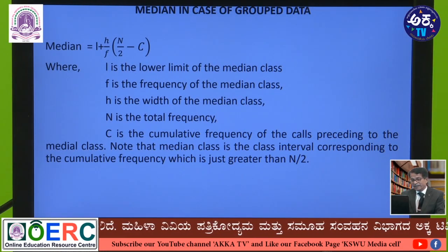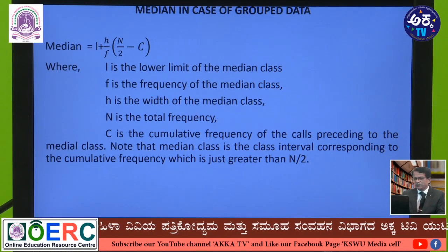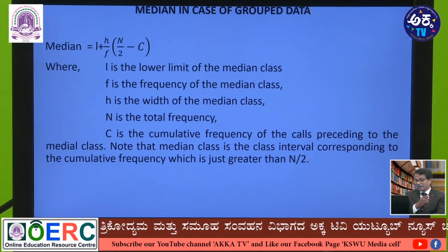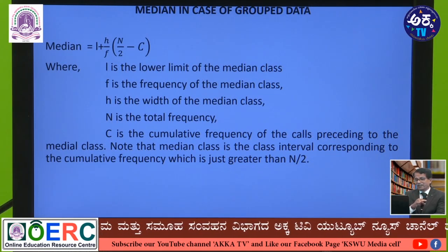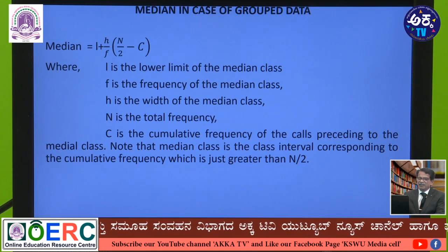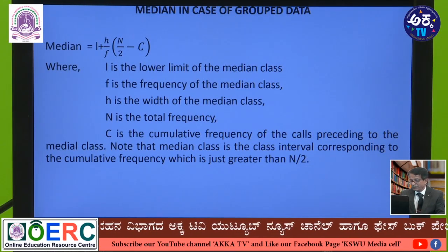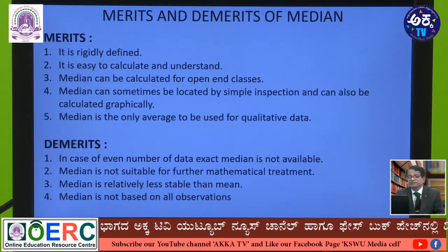Then the corresponding class interval is termed as median class. Once the median class is identified, the rest of the job becomes easy. Simply substitute the values and obtain the median for the grouped data.